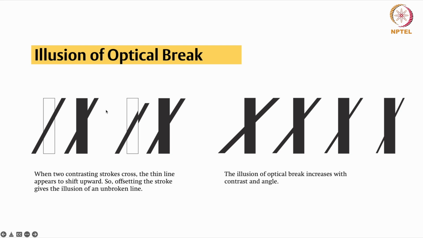So offsetting the stroke gives the illusion of an unbroken line. In the second example, this has been shifted, and if you look at this form, it looks very awkward and is not going in one direction. But when you fill this with thicker strokes in the same color, you will find that it appears to move smoothly, and because of that the counter has also been balanced.